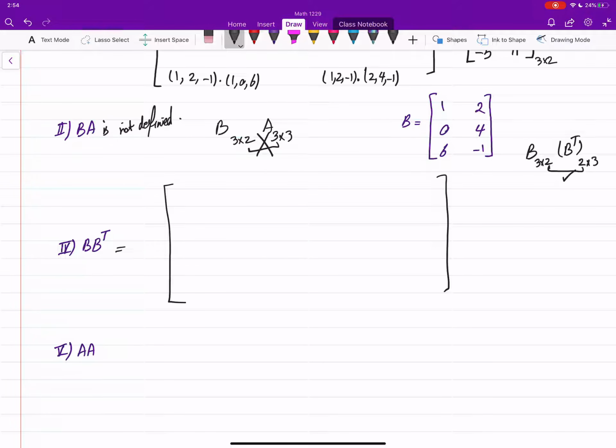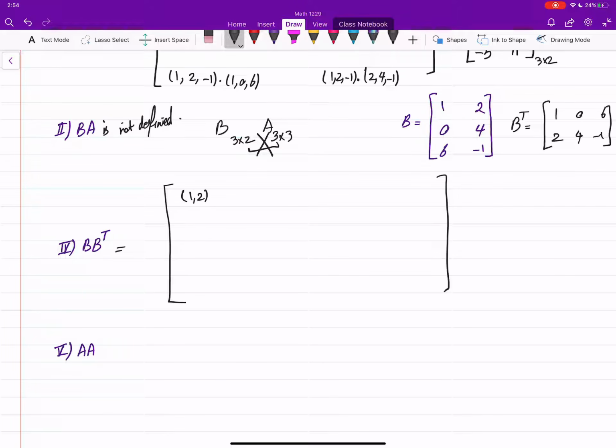So for first row of B, which is 1 and 2, first row of first column of B transpose. What is B transpose? Let me write down the B transpose. B transpose is 1, 2, 0, 4, and 6, negative 1.